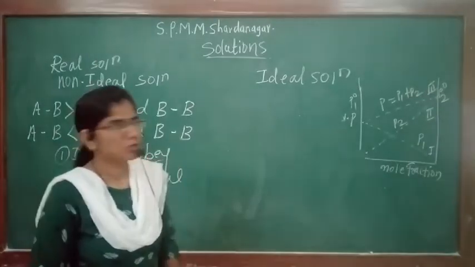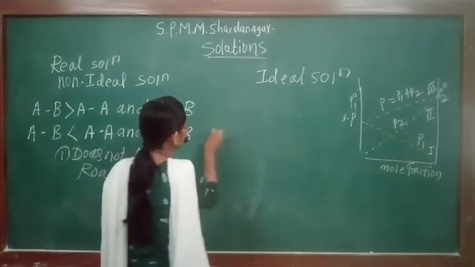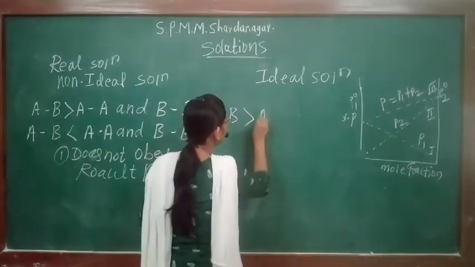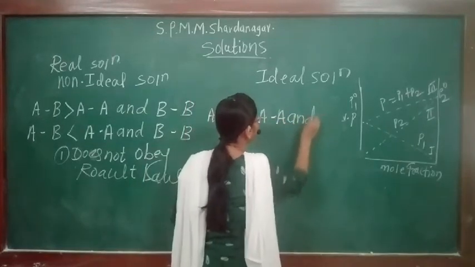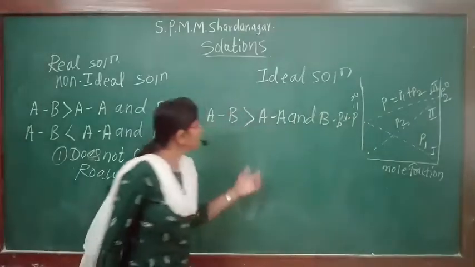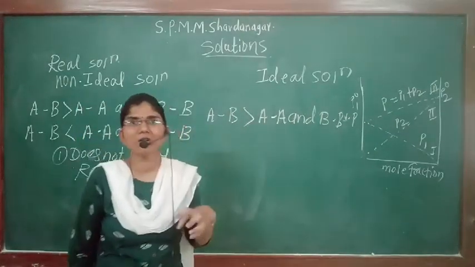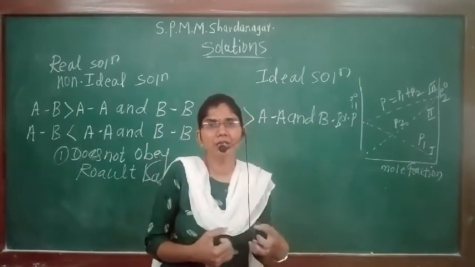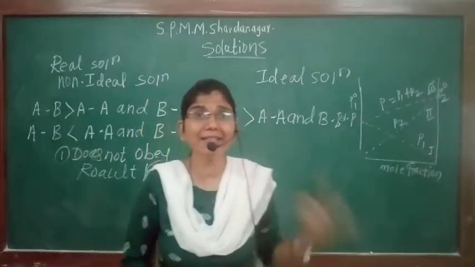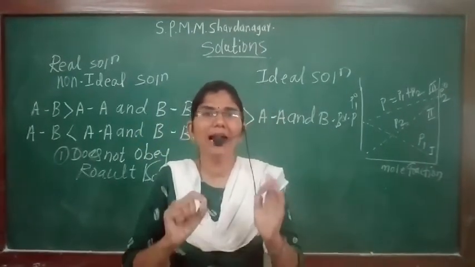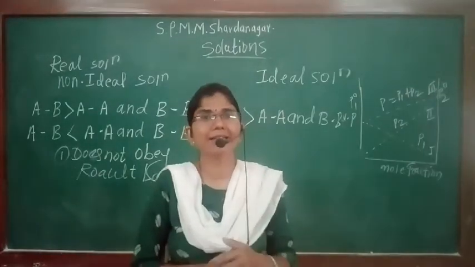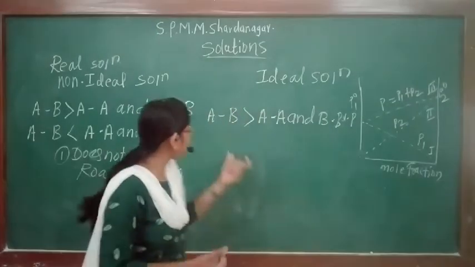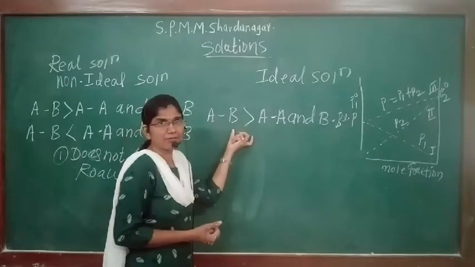In the first case, the AB interaction is greater than the AA and BB interactions, that is, the force of attraction between solute and solvent is higher than among the solute molecules and solvent molecules, so there is a strong intermolecular force of interaction between A and B.